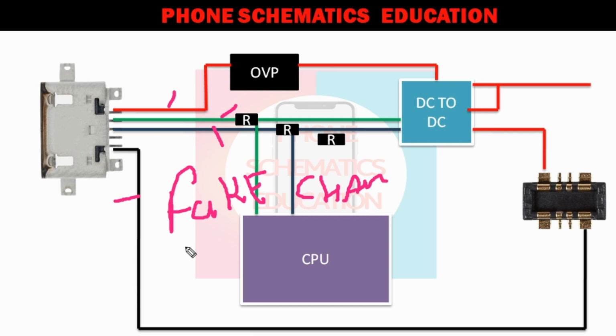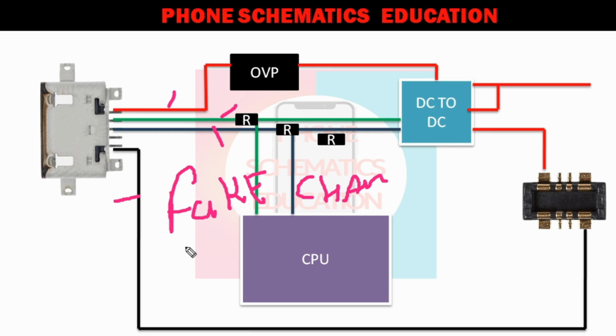I am talking about the milliampere, 0.6 milliampere. Right? So there is only an icon that looks like the phone is charging, but there is no charge going into the battery, no current at all.